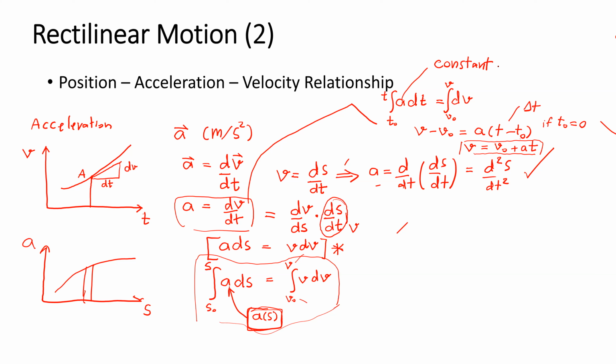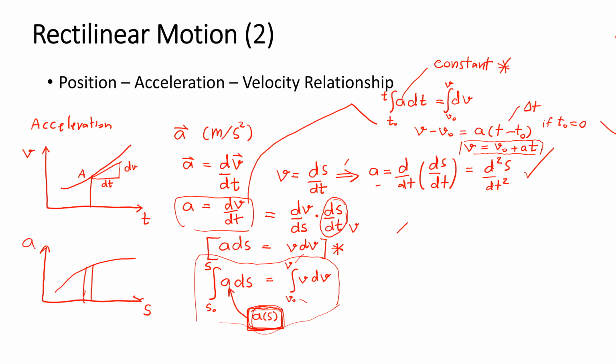But it should be marked that the acceleration needs to be constant so that we can use this relationship. But in some special cases, especially in this course, which has some extension from your study of mechanics in the physics class, the acceleration doesn't need to be constant, but may relate to the distance instead of the time.